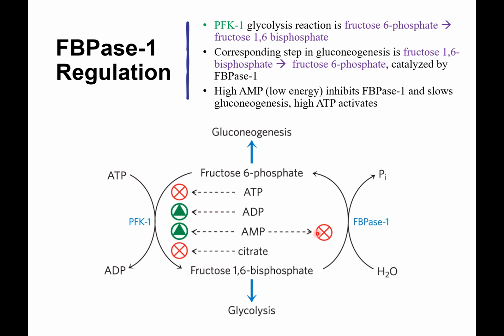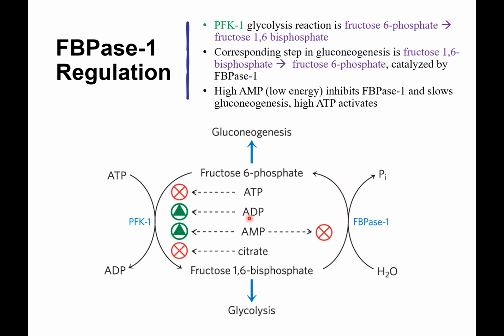Now, I don't really love this figure because I think at the least they should be showing high stores of ATP as being activating to FB-PACE1, but that's okay. You get the general idea, right? But this is a figure directly from the book.